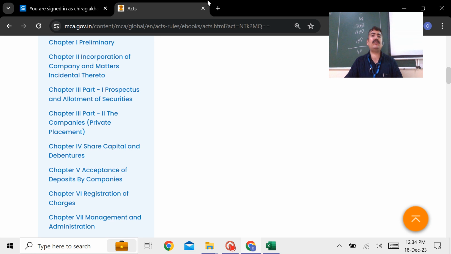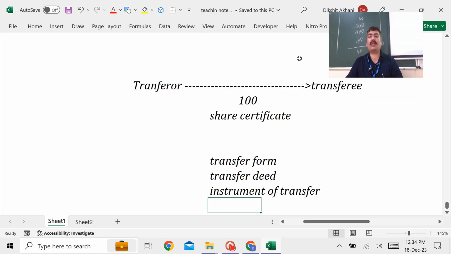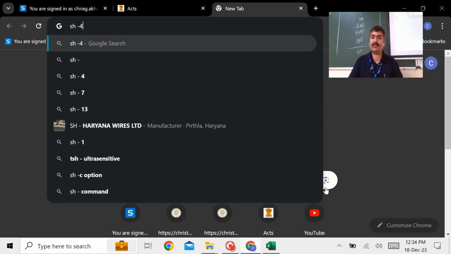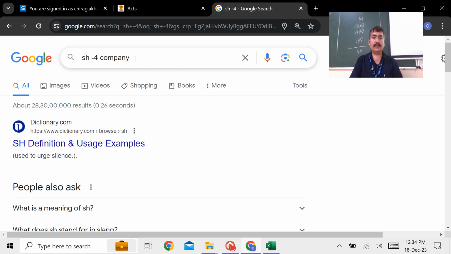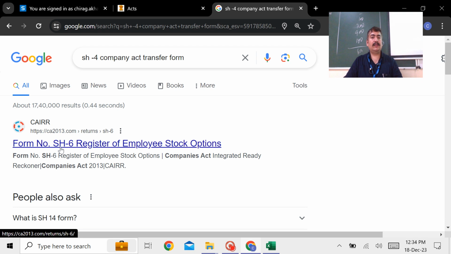In fact, you can today just search like this. The name of that form is SH4. As this form belongs to the share capital chapter, we use the letters SH. Just type SH4 and look at what you will get. SH4 Companies Act transfer form. In PDF you want, no, just a second.